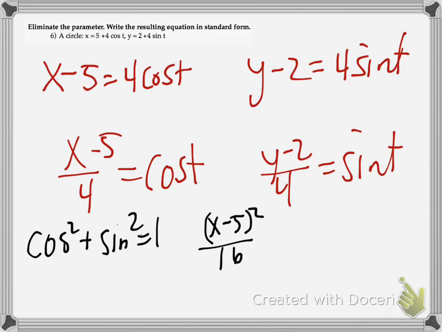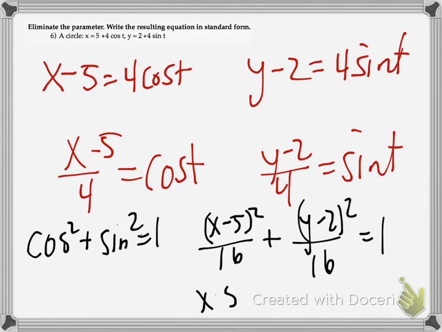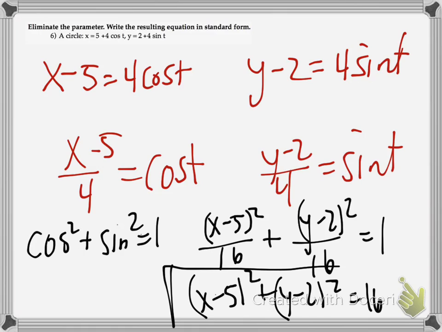I'm just squaring everything as I'm substituting it in. And y minus 2 quantity squared over 16 equals 1. Technically, we want to multiply everything by 16. So you get x minus 5 squared plus y minus 2 squared equals 16. So your equation is a circle with a radius of 4, square root of 16, and a center of 5, 2. And that's it.